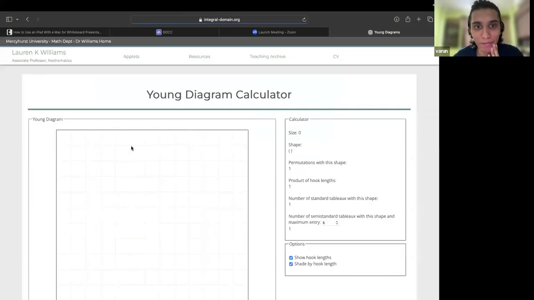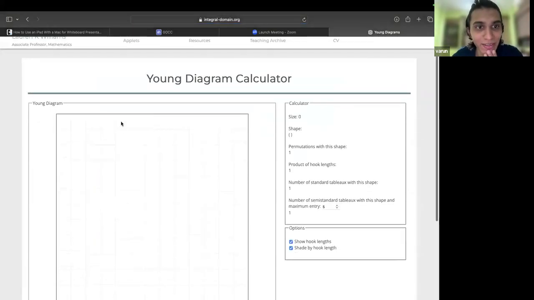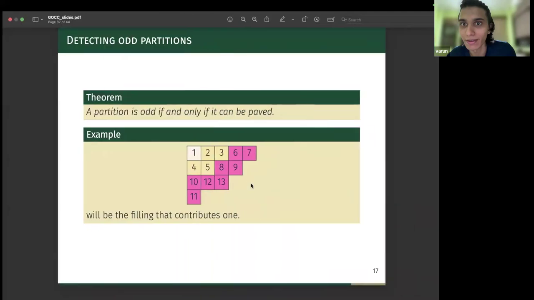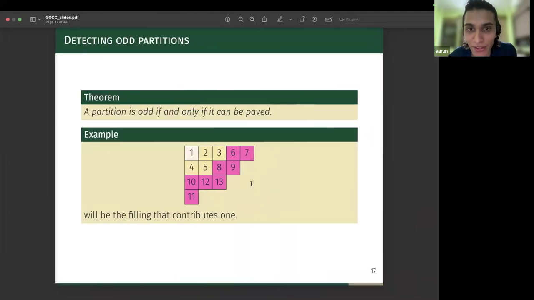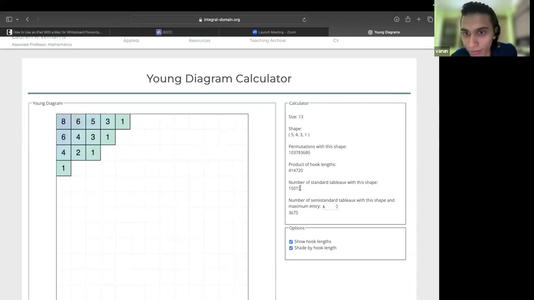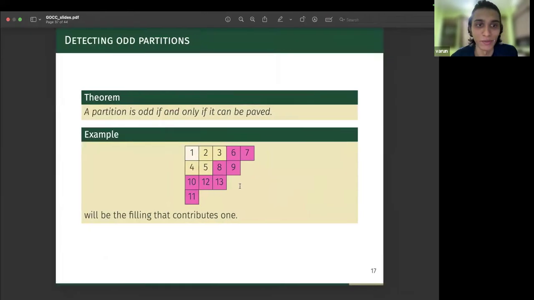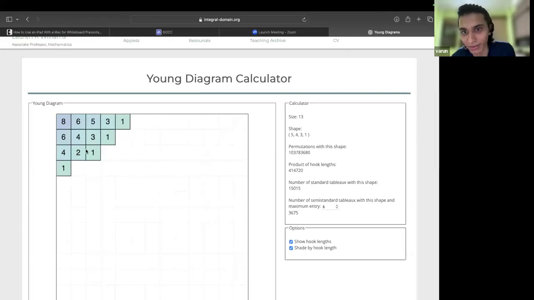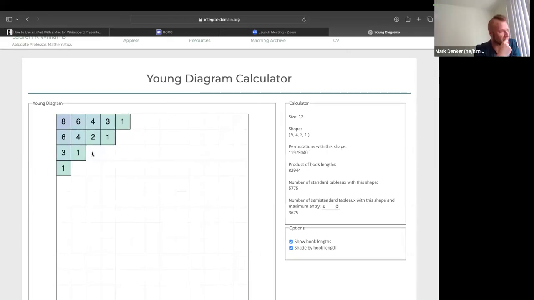A lot of people don't, but I just love playing with partitions all day long. So 5431. There are an odd number of standard tableaux. We can remove 13, which is this one right here. And it's still odd.